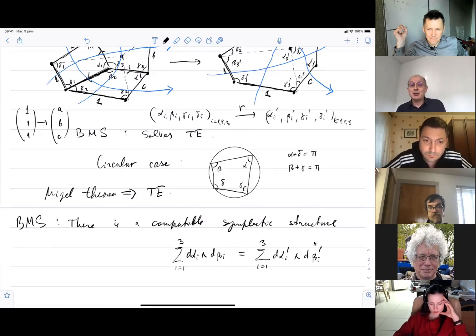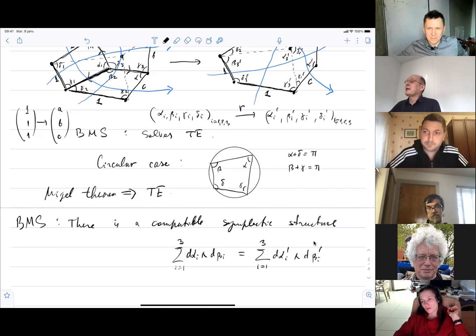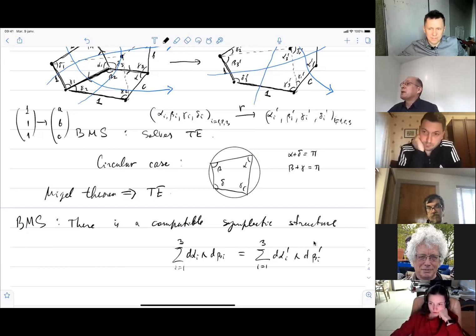And as soon as the quantum theory was well defined, they didn't care what happened before. But somehow, I think that they knew that somehow this reality condition on the angles is incompatible with what they did on the level of quantum theory.